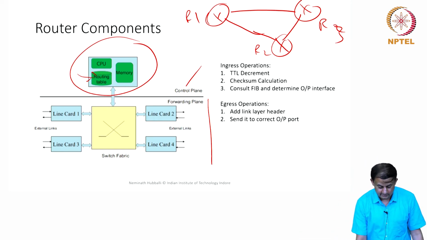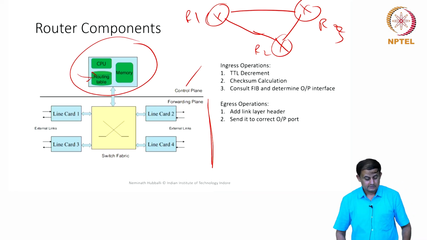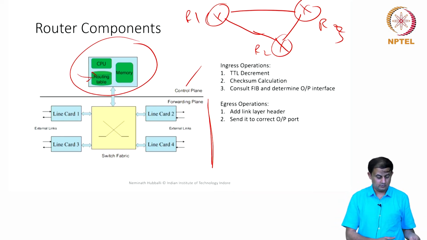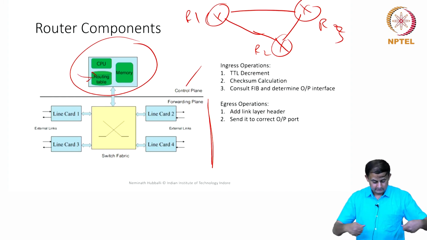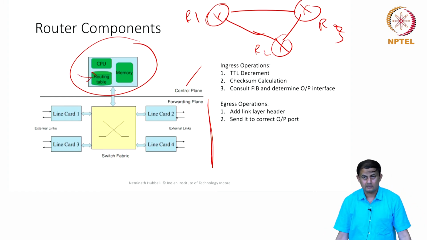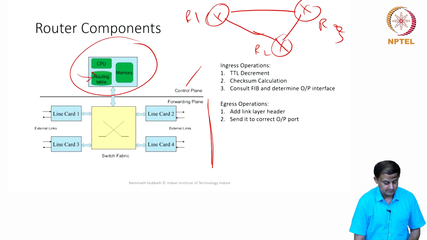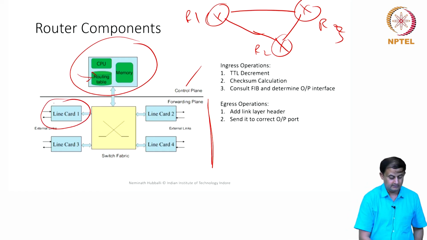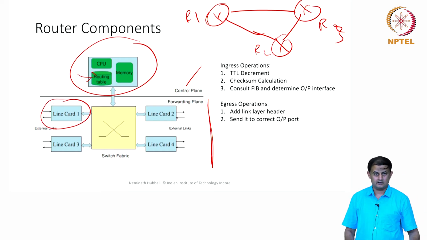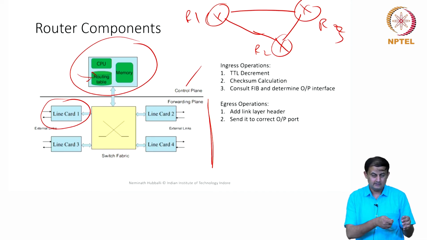But on the other hand, this forwarding decision, as I said, needs to be in real time. So I need to have something more. The things in the forwarding plane are, first, something called line cards. These line cards are typically where the cable that you connect to that router terminates.